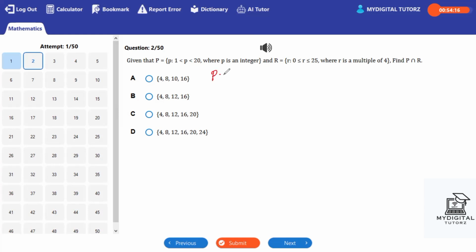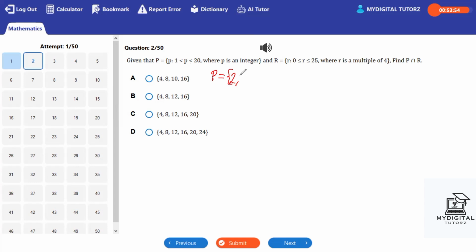So P is equal to the set, if you look at it in a left direction, meaning that if 1 is less than P, it shows that P is greater than 1. So if P is greater than 1, we must start from 2. But it's less than what? Less than 20.